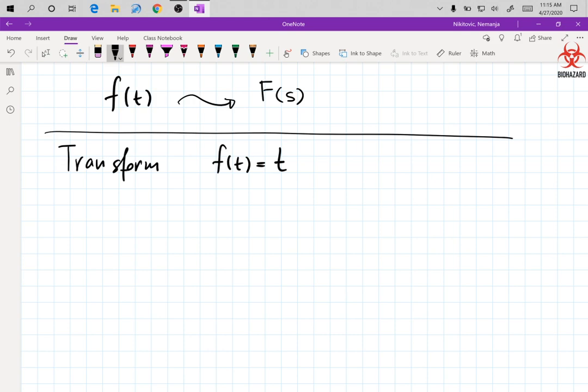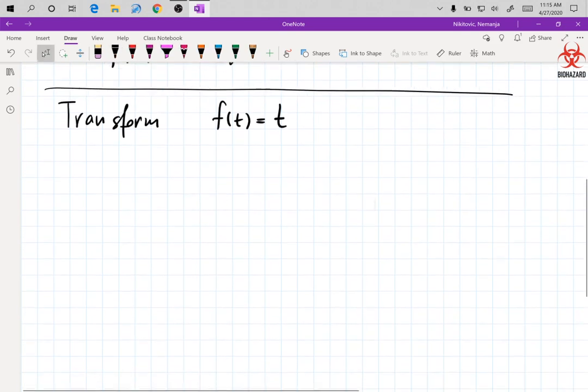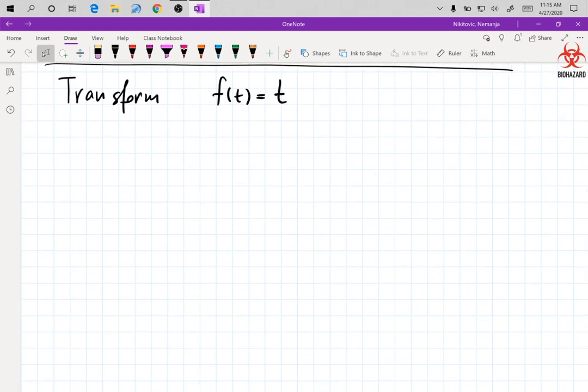Could anyone write what's the cheapest one to transform? Since we're dealing with calculus here, I'll let that linger, and then, because there's lag, just type it in what you think is the cheapest to transform. If just basic t, which used to be x, is the second cheapest.